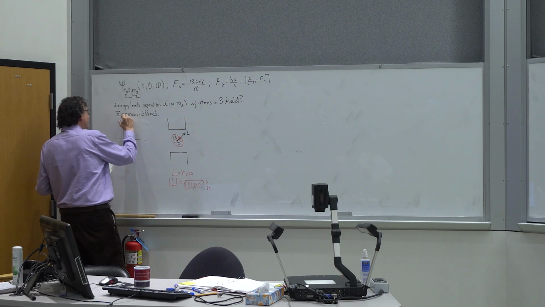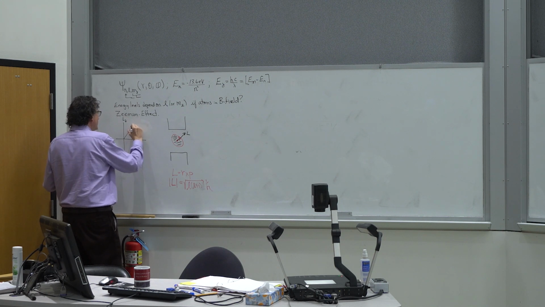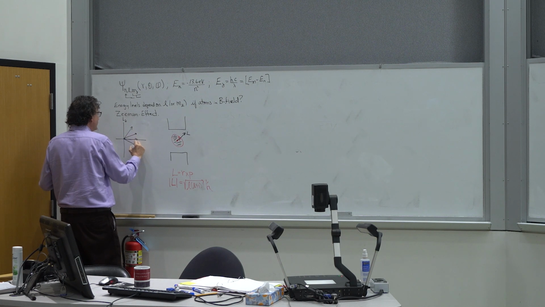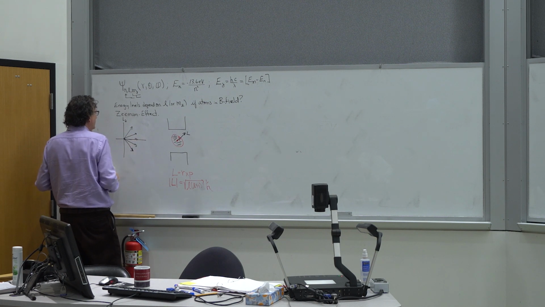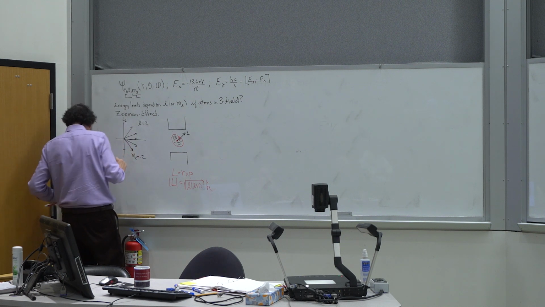Furthermore, the angular momentum in the z component was quantized in terms of allowed vectors or orientations. For example, if I have l equals 2, then I can have m sub l equal to minus 2.